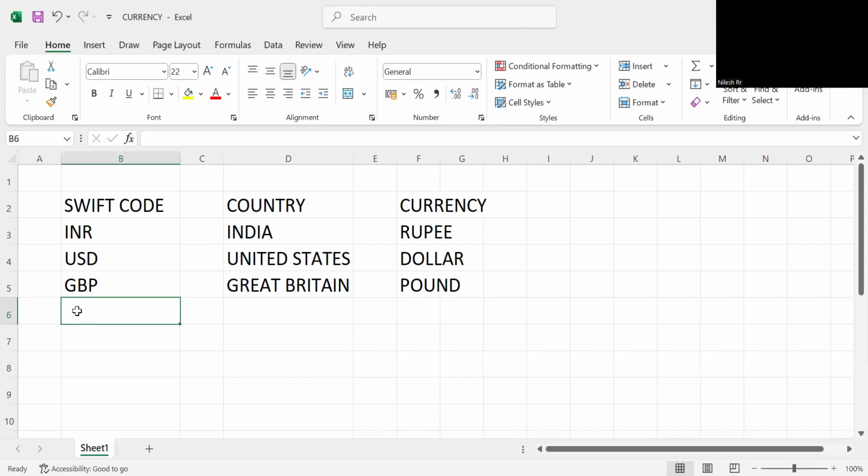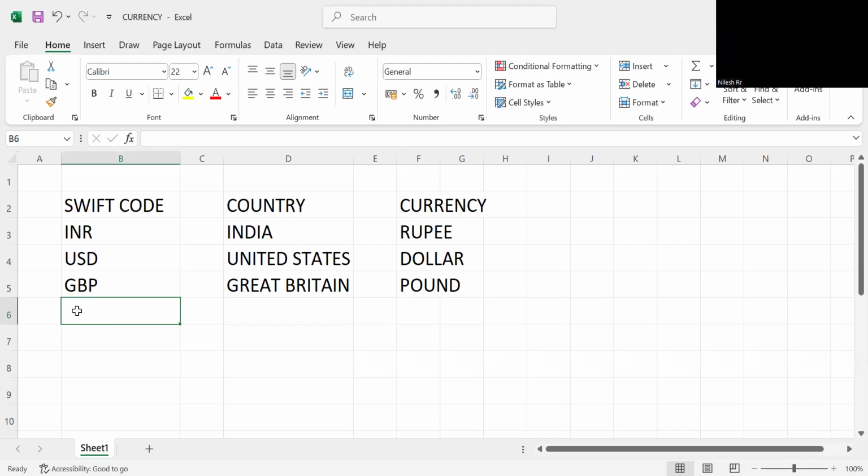A few days ago it had reached 88 to the US dollar. Now it is 86, so it has reduced. Generally it depends upon the interest rates of the country.